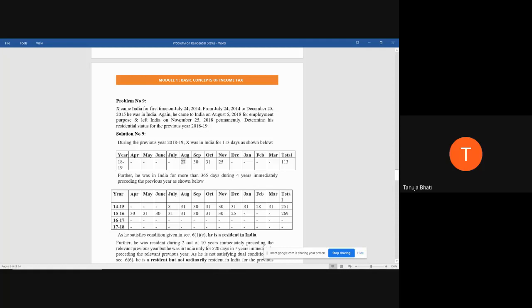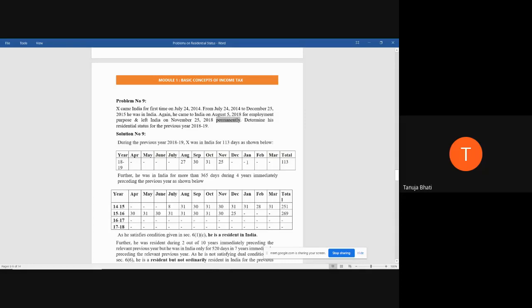And then he left India on November 25th. So September, the complete month he was in India. September has 30 days. October has 31 days. And November 25th he left India. So the 25th also should be counted as stay in India. And then he left India permanently. Means he never came back to India.